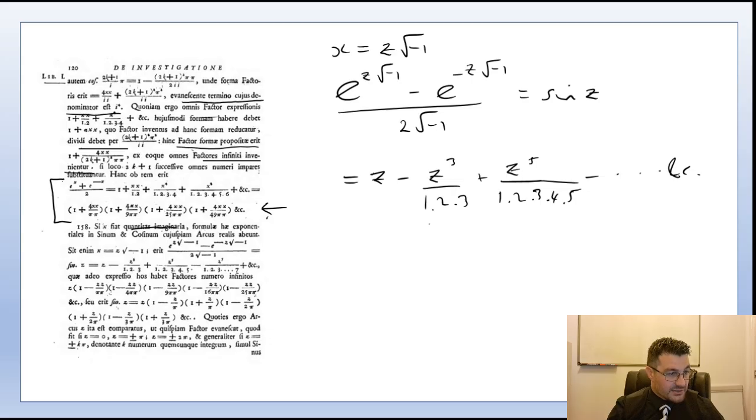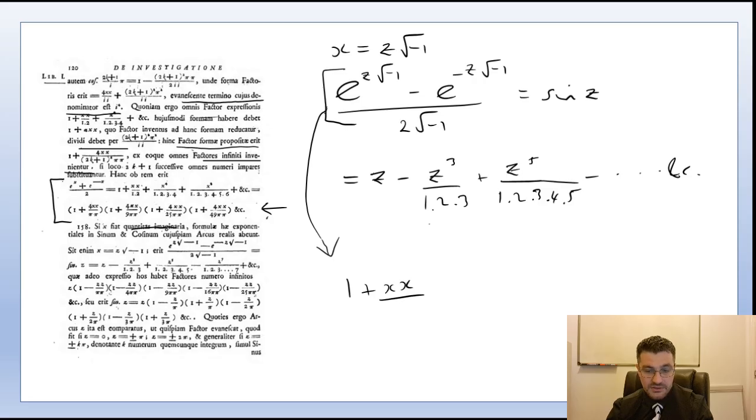Which has an infinite number of factors. So it's z. So, okay, remember this had a factorization, so each of the factors was originally, let me find it, 1 plus x squared over k squared pi squared.